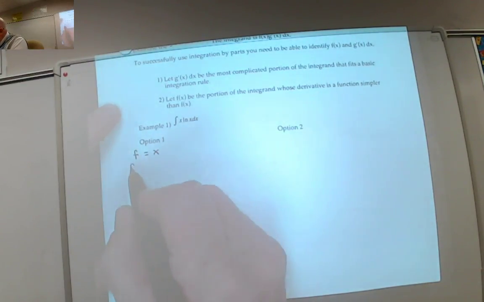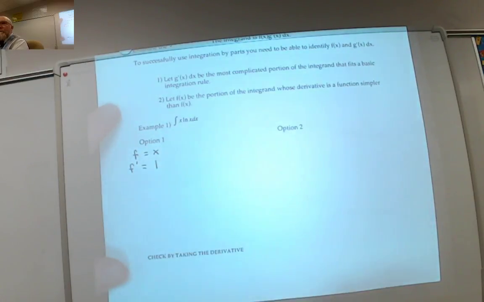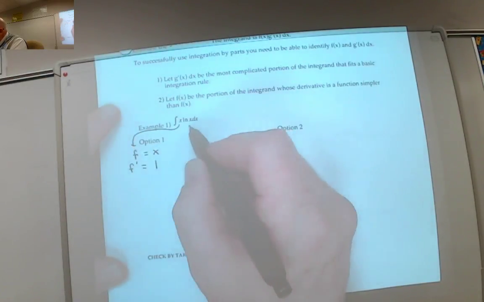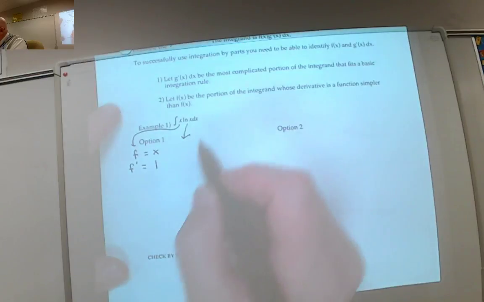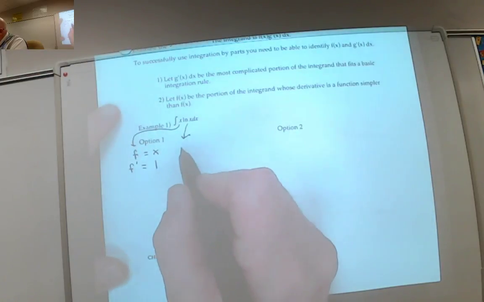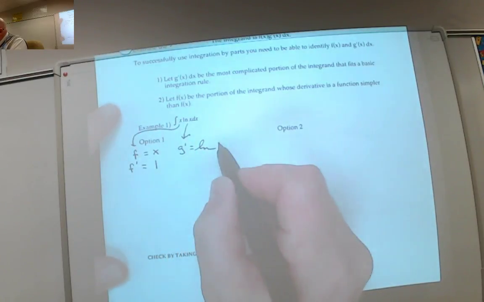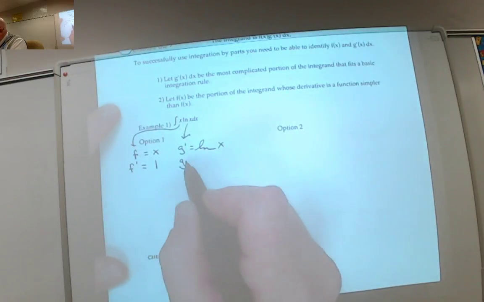And so I'm going to find its derivative, and that's going to be 1. So this is f right here. So that means the natural log of x is going to be g prime. It's going to be a derivative. And I have to find its antiderivative.